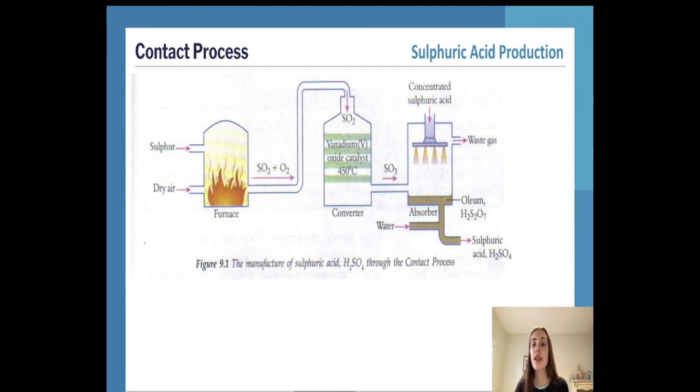This is because we relate this back to Avogadro's law again, which says that equal volumes of gases at the same temperature and pressure are going to contain equal numbers of molecules. And so this basically means that the gases are going into the reactor in a ratio of 1 molecule of sulfur dioxide to 1 molecule of oxygen.